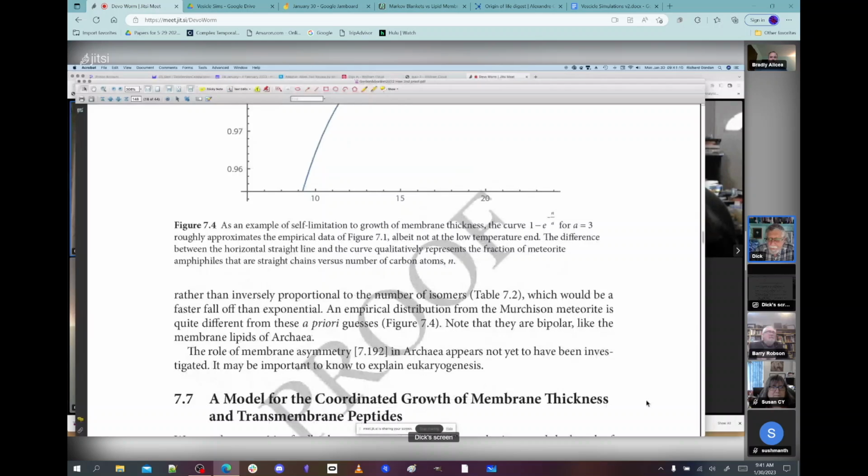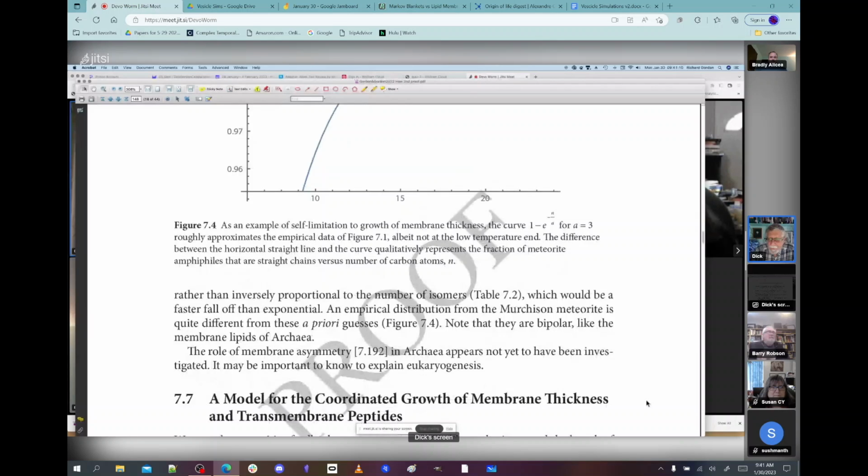And as a result, there is a selection for membrane molecules that are longer, because there's a force pulling up, and therefore longer ones can be attached to the membrane peptides.